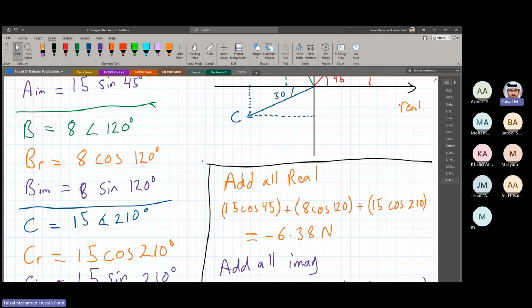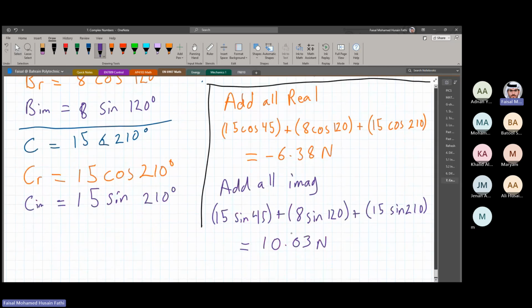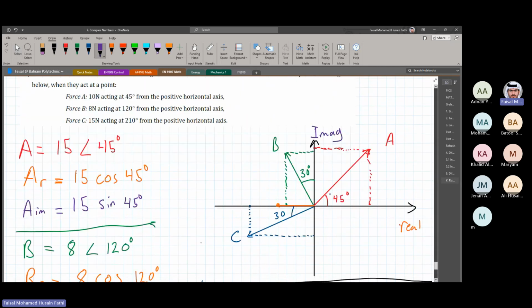This is the first component. And the second component is 10.03, which you will go vertically up. So you can say it is roughly up to here.